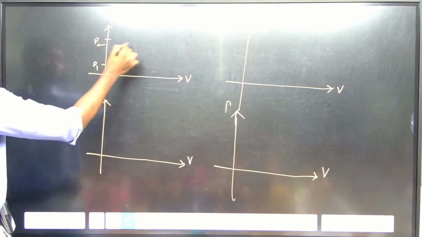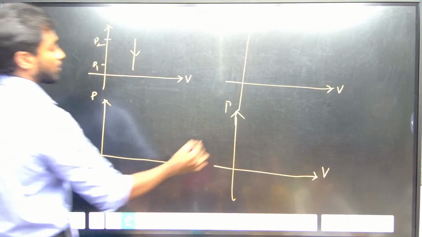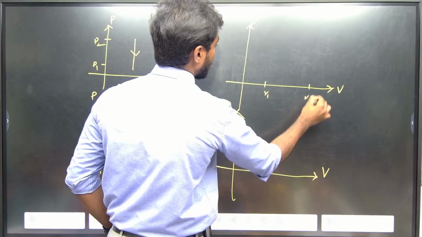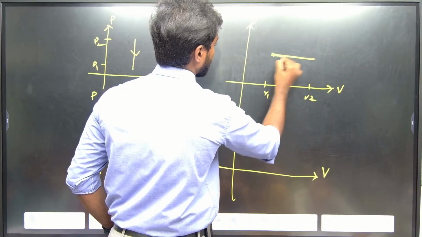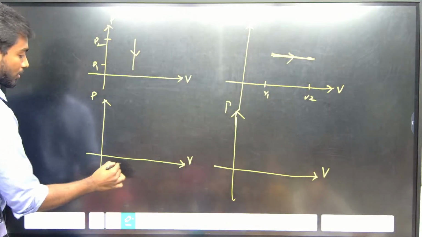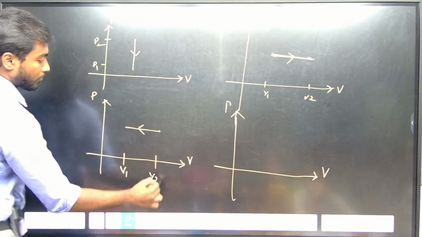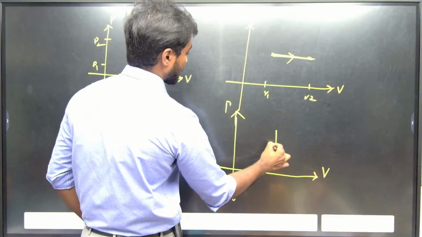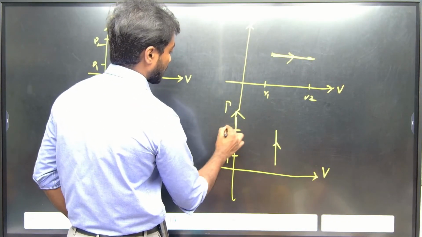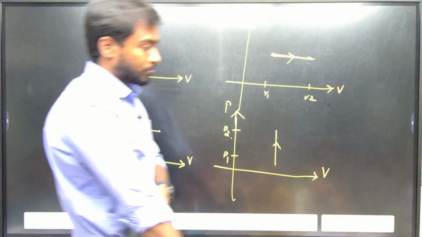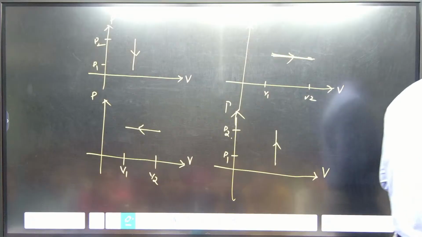P1, P2, V1, V2. This is V1, V2 and this is P1, P2. Okay. Identify the work done.